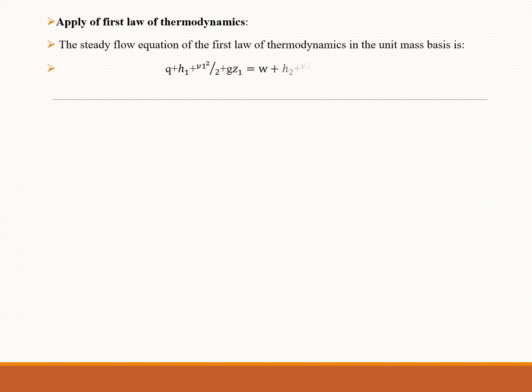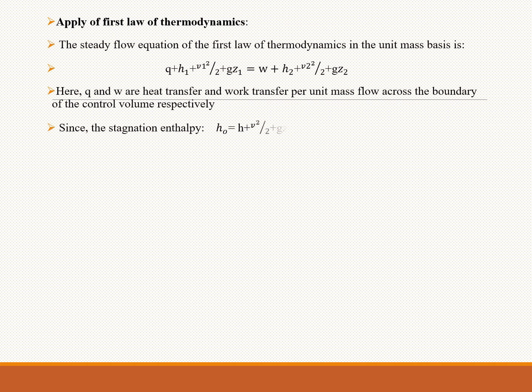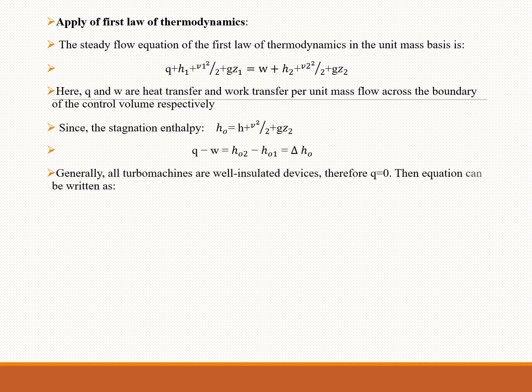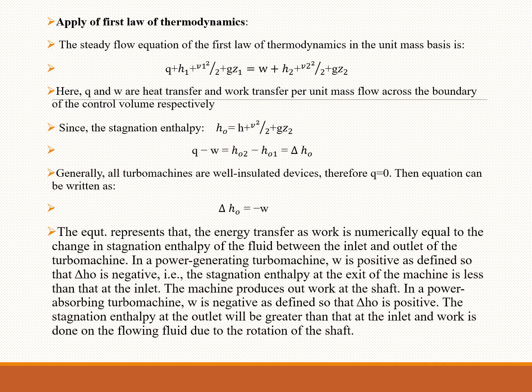Apply the first law of thermodynamics. The steady flow equation of the first law of thermodynamics on a unit mass basis is Q + h1 + V1²/2 + gz1 = W + h2 + V2²/2 + gz2.